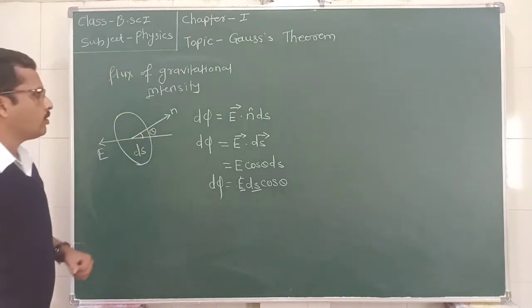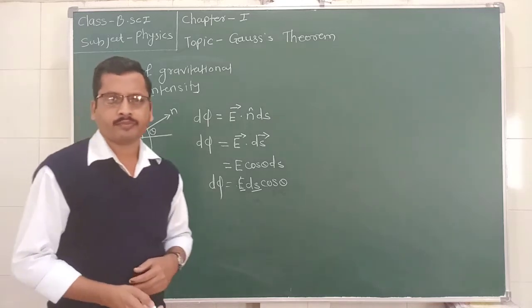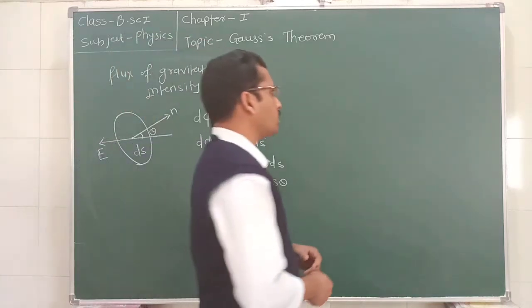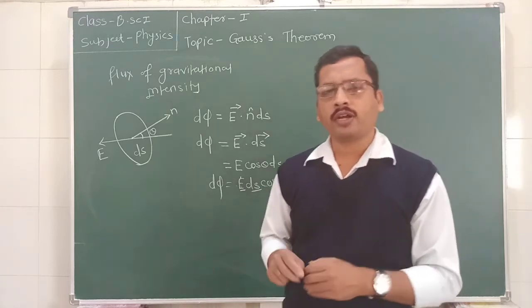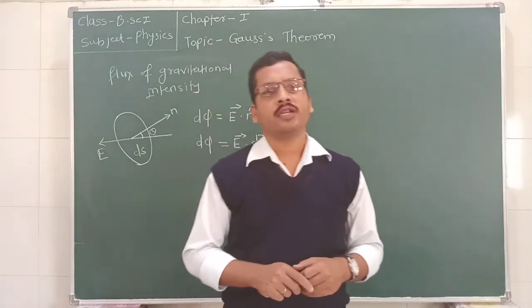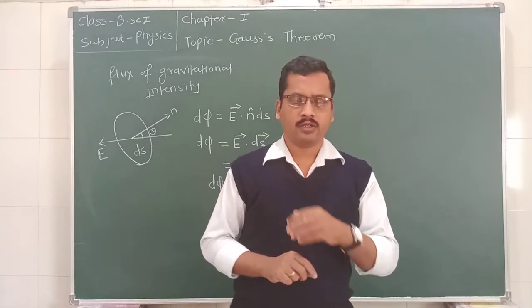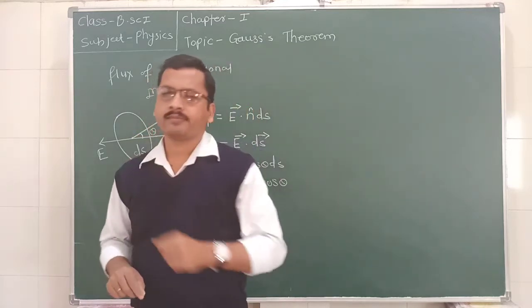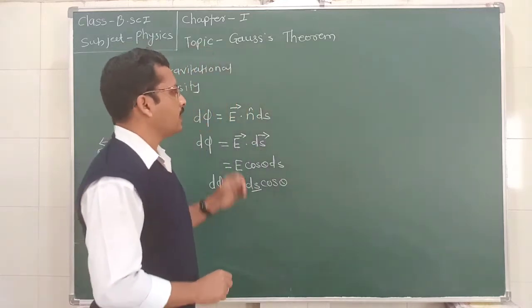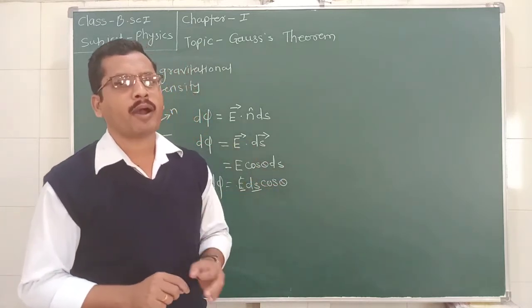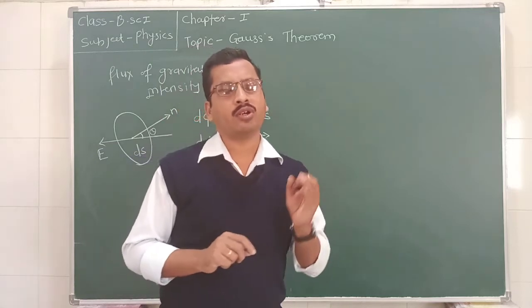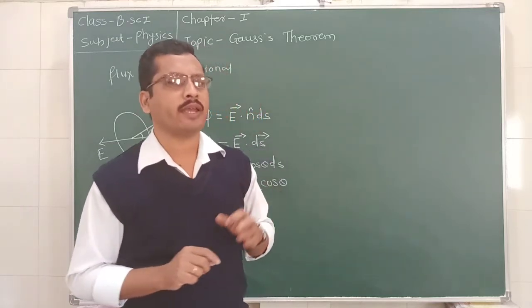Okay, now we are moving towards the Gauss theorem. What is the Gauss theorem? The Gauss theorem states that the flux of the gravitational intensity through any surface is equal to minus 4 pi G times the total mass enclosed by that surface.